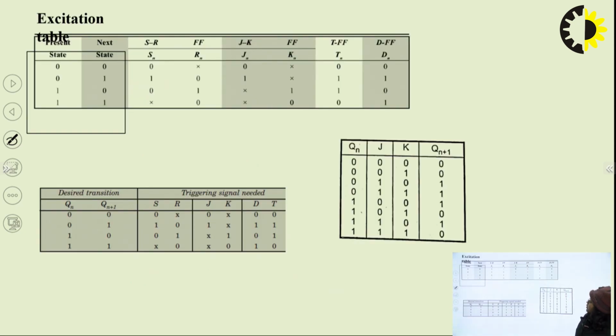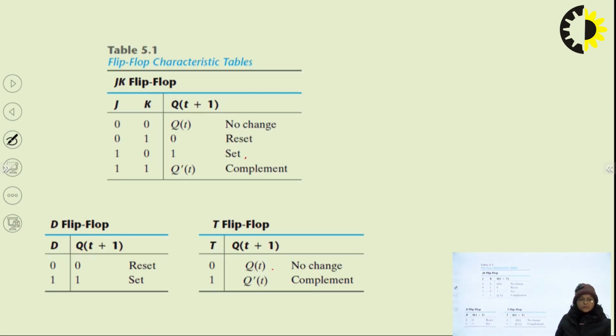So we can now describe the excitation table. The truth table gives output next state based on input, whereas the excitation table gives input based on present state and next state.